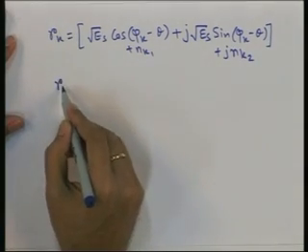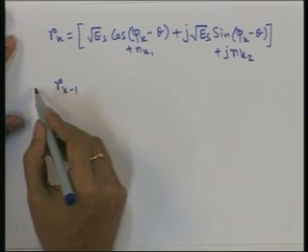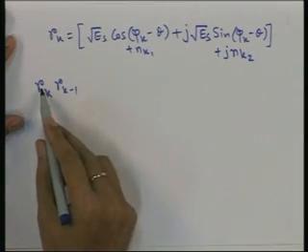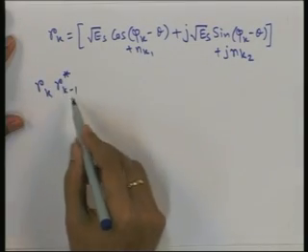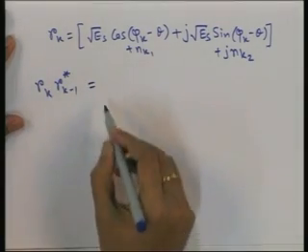So, we have got Rk minus 1 also, and then we take Rk. What the phase comparator does is it can simply take the conjugate of Rk minus 1 and multiply with Rk.